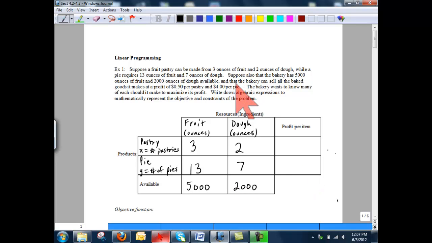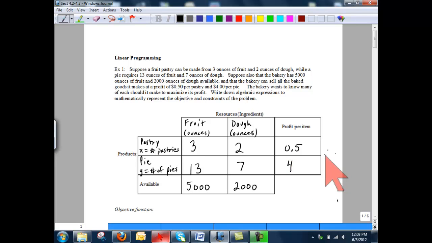And finally, there's a part of a sentence that says the bakery can sell all the goods it makes at a profit of 50 cents per pastry. I'll work in units of dollars here, so 0.5, and $4 per pie.